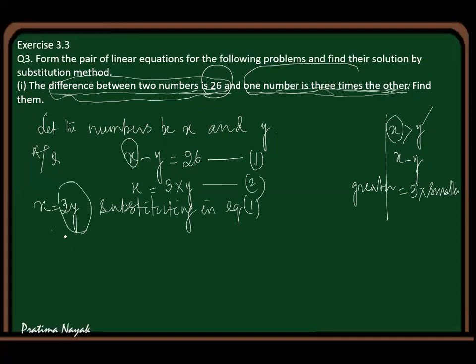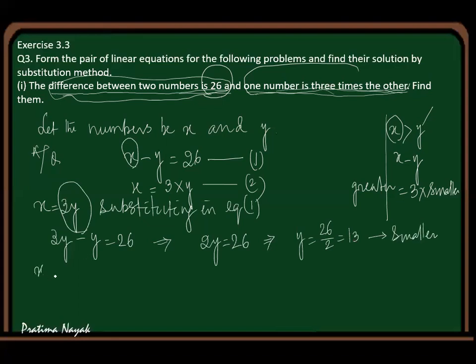So 3y minus y is equal to 26, or twice y is 26, or y is equal to 26 by 2, that will be 13. So this is the smaller number. Then what will be the bigger one?